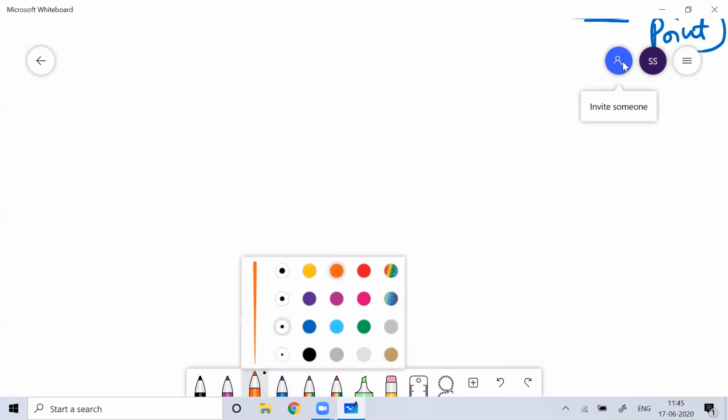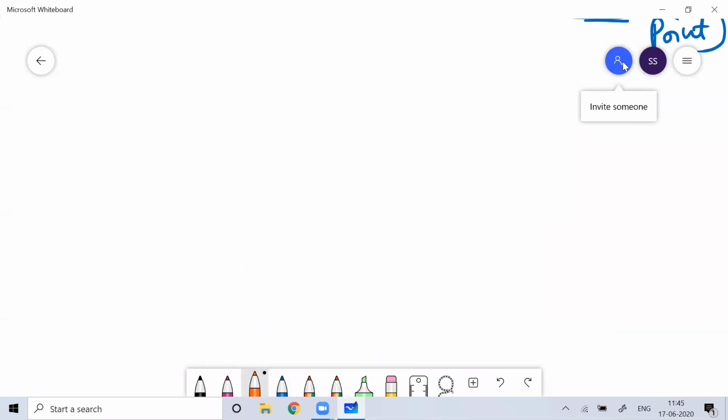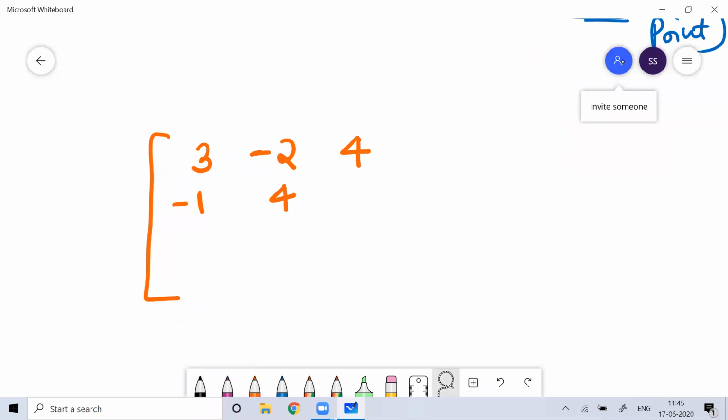Suppose I give you this problem: 3, -2, 4, then -1, 4, 2, then 2, 2, 6.